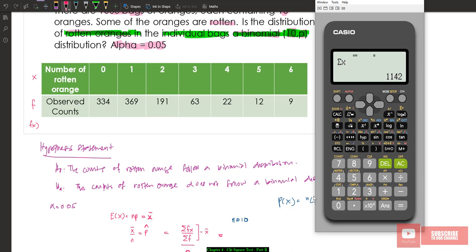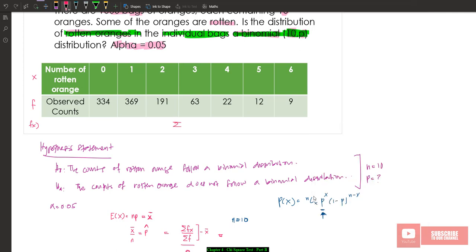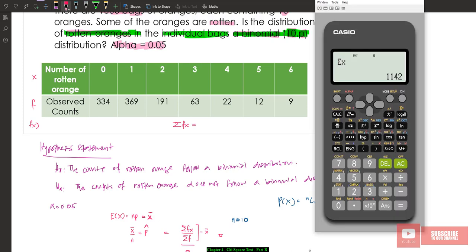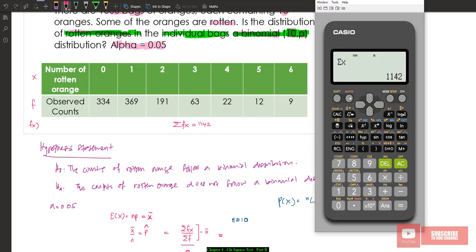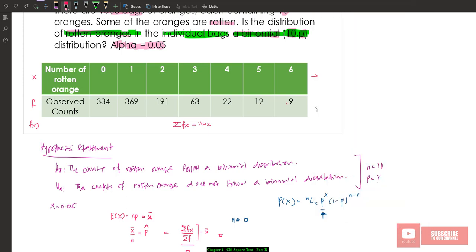So from here we know that summation of fx is equal to 1142. And if you want to find the summation of f, this is the total.